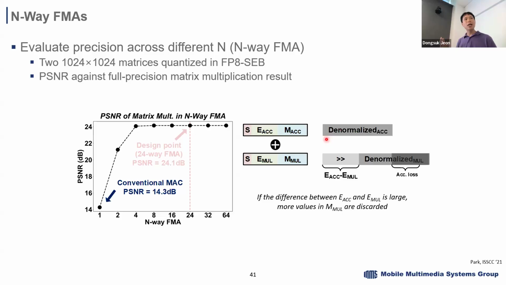However, the value we are trying to add to this accumulated value will still remain very small. So it's like adding a very small value to a very large value. Because of the limited precision, we will have to truncate some of the LSBs during this addition, right? And because the difference in magnitude of these two values is huge, we're going to lose a lot of information on the LSB side.